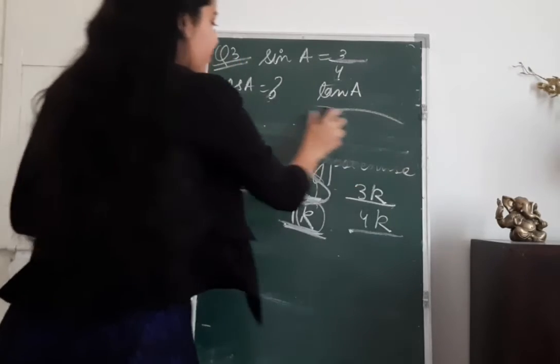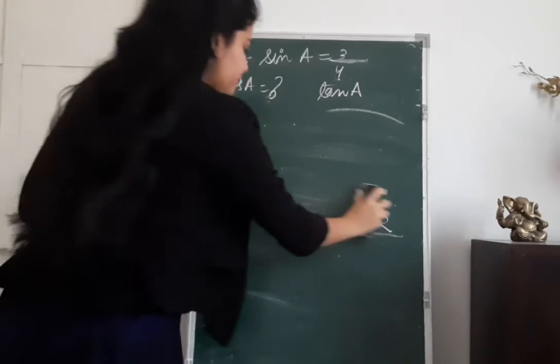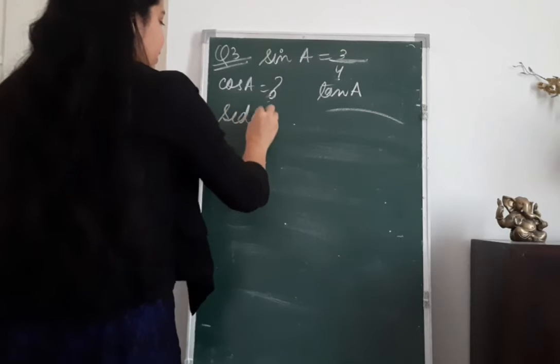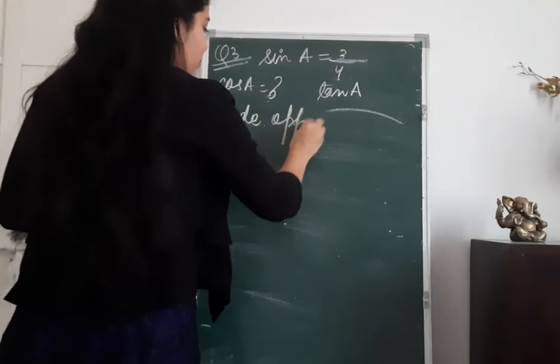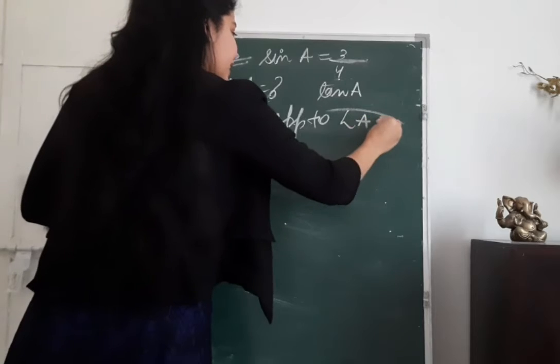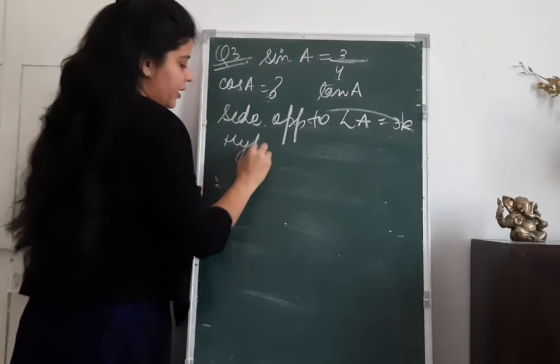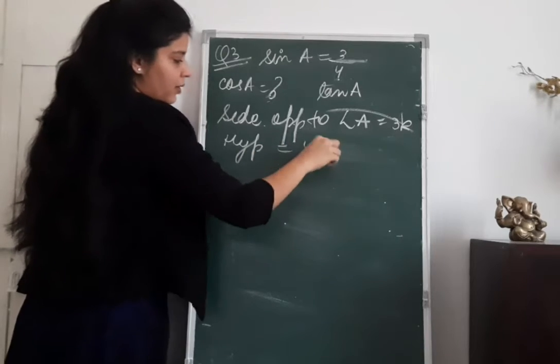Can I say this? Let me write this here. Side opposite to angle A is 3k while hypotenuse is 4k.